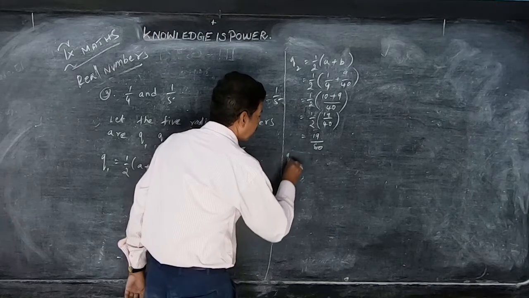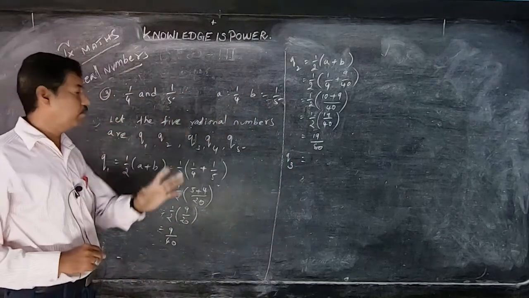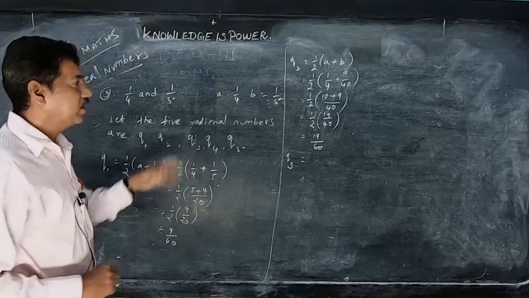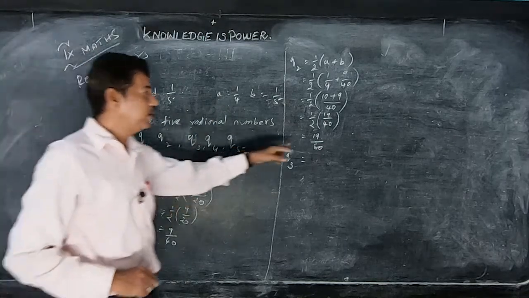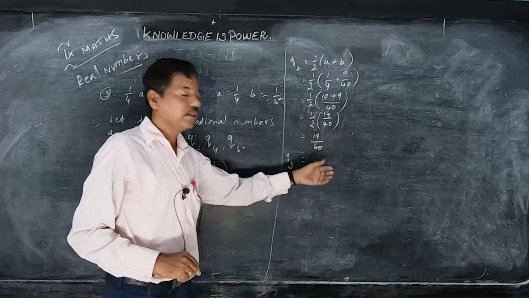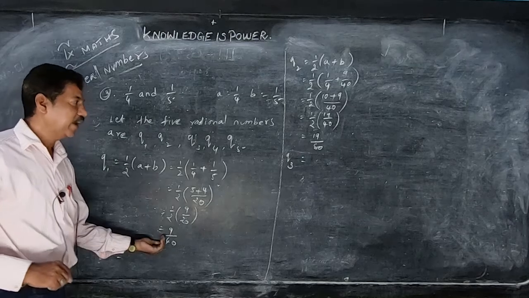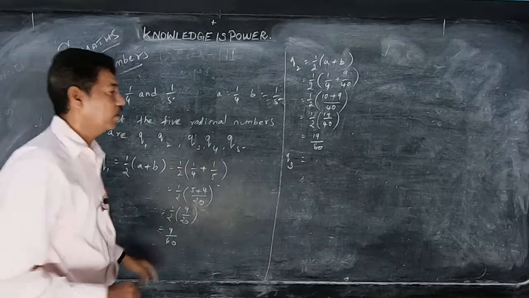Now the third one, Q3, that is the third rational number. I have found the first and second rational numbers. For Q3, what you have to take as A and B: I told you the new thing is called B, and the previous is called A. This one is A and this one is B. A is 9 by 40.